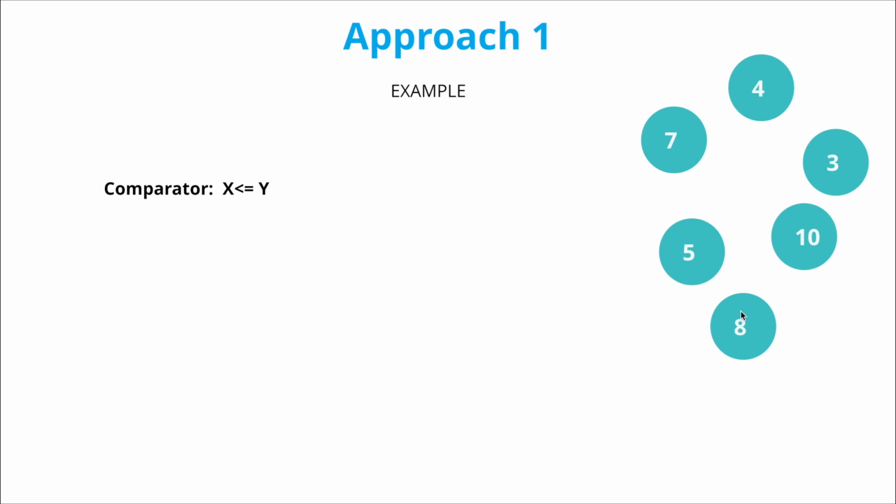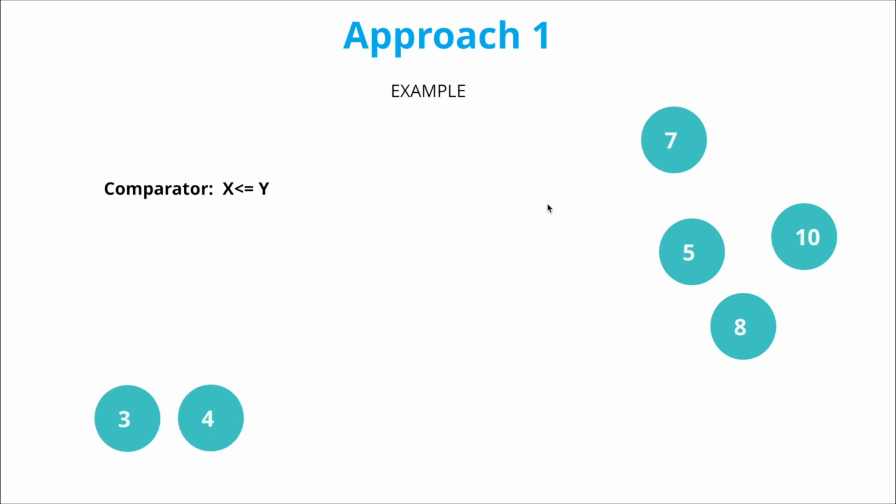So this is a min priority queue, and you can also see the comparator here. X is less than or equal to y. So we expect the smallest element to come out first. So the first time I call the poll method, I'm going to get 3 because 3 is the smallest here, right? Then the second time, I'm going to have 4 because 4 is the smallest, okay?